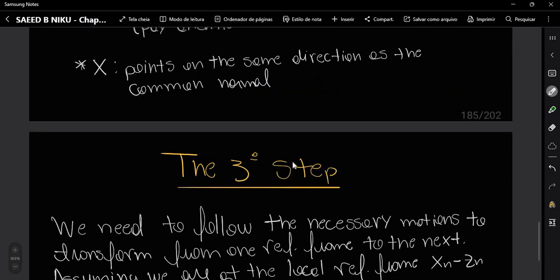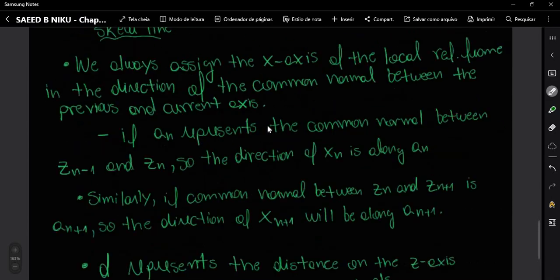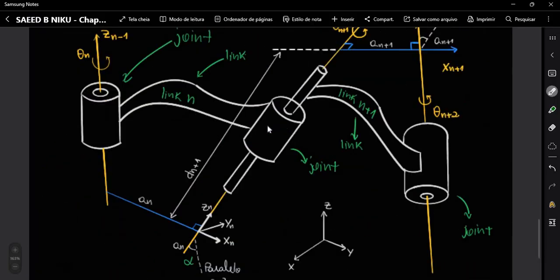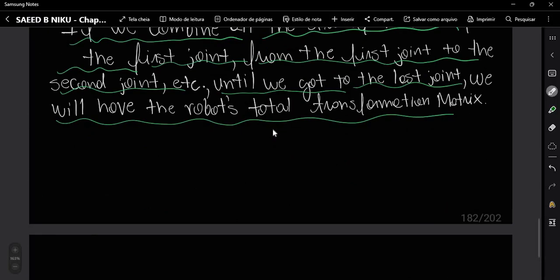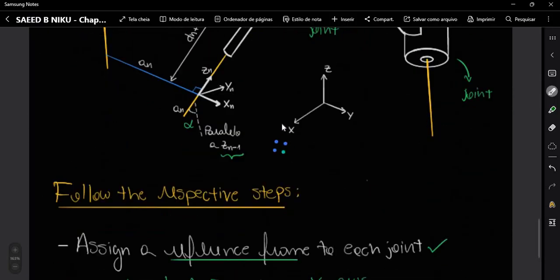So we can already take this conclusion. This is the local reference frame right here. That is the local reference frame.